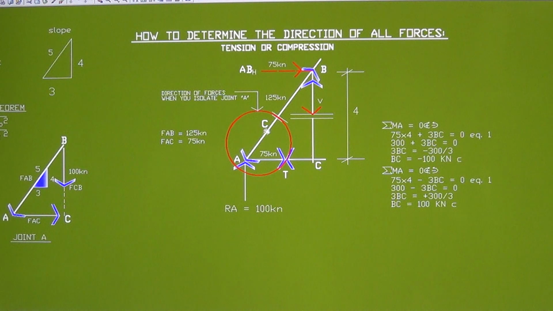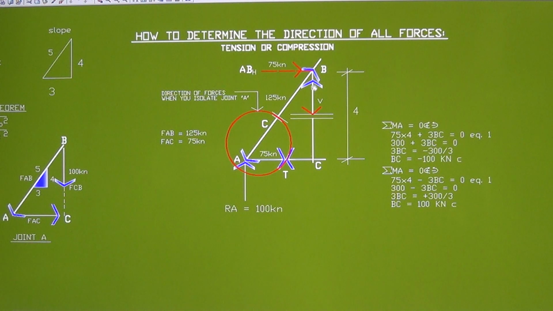Alright, so for now we cut our member BC there, and let's assume that this red arrow is the assumption of the BC as tension. It's going downward.